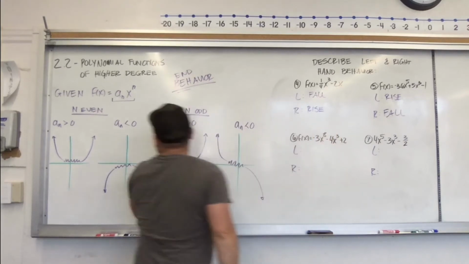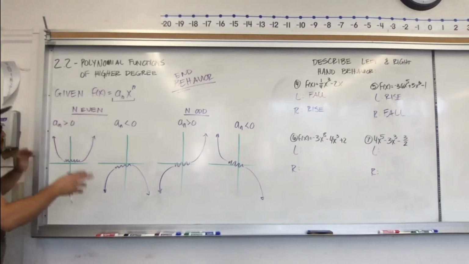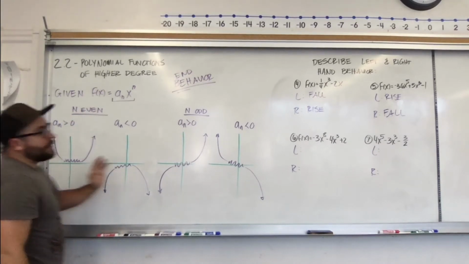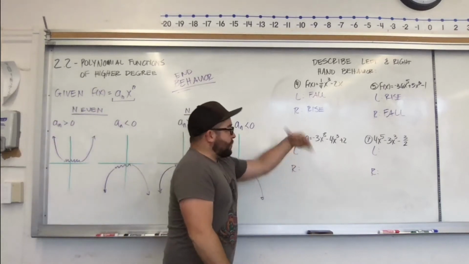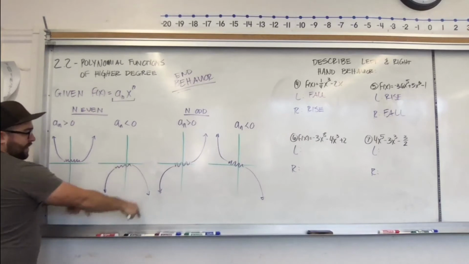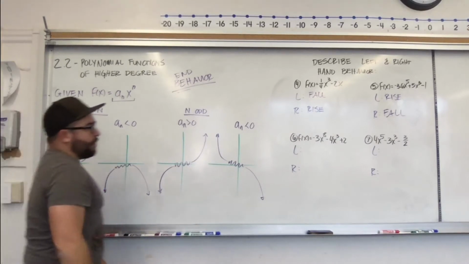That said, x to the 8th, 8 is even. So the general shape of number 6 has got to be something close to a parabola. But now we want to know, does it open up? Does it open down? We have that negative out front. We know it opens down, which means the left and right ends are going to fall.